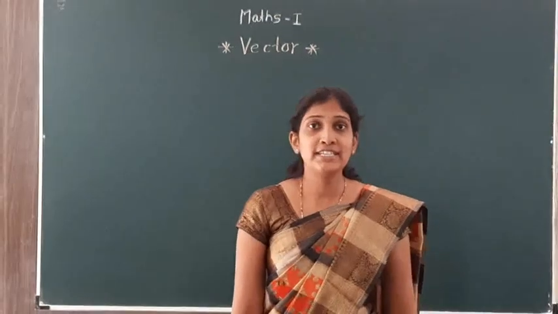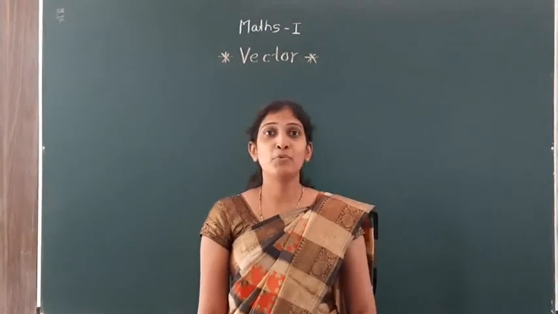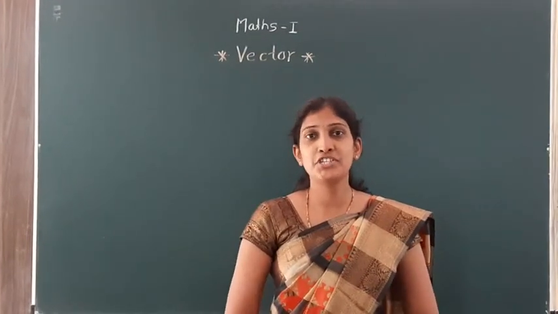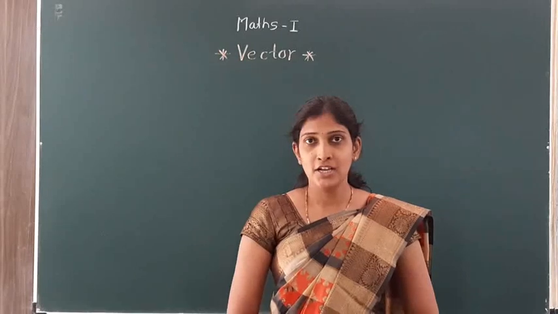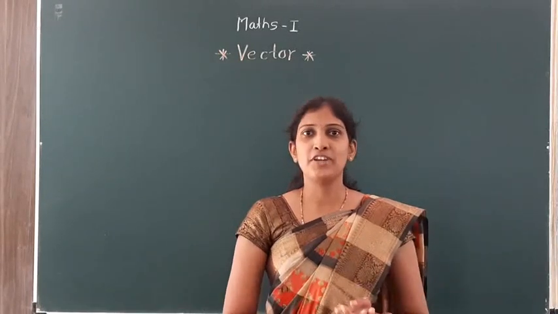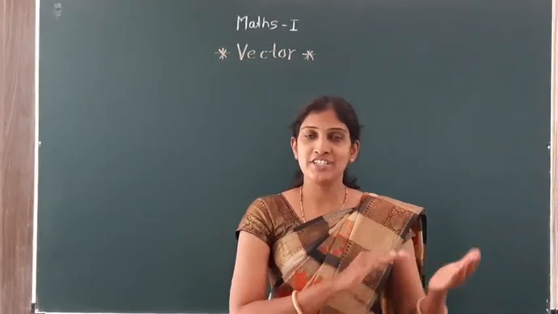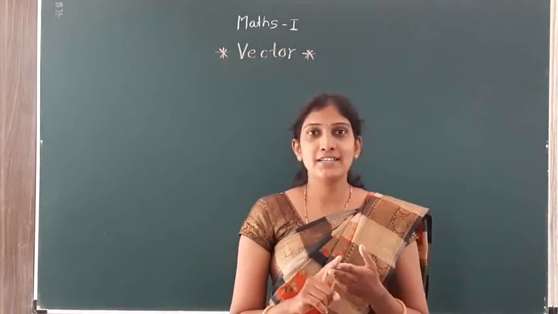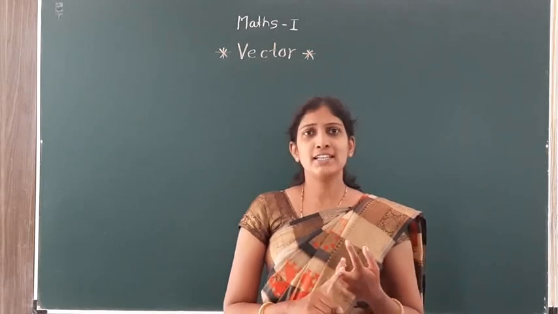Today we discuss a very important topic in 12th standard mathematics, which is vector. You know the basic concept of a vector from physics. What is a vector quantity? What is a scalar quantity?